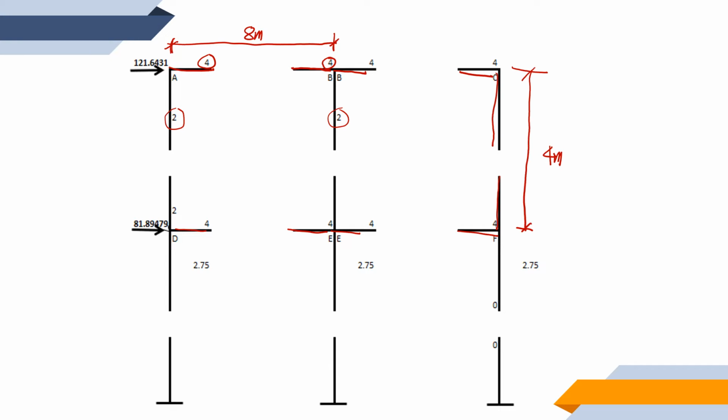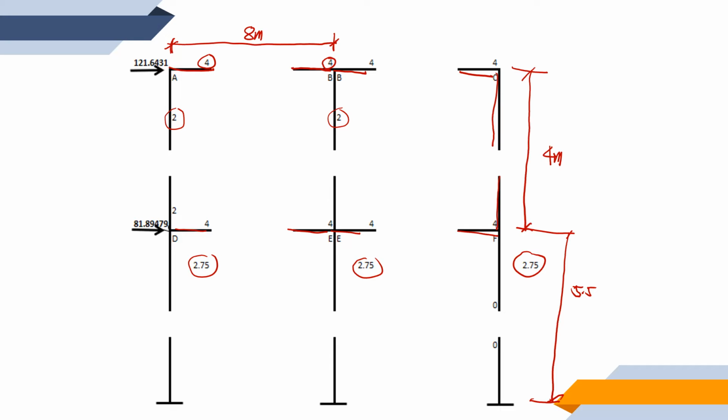And on the first floor, the initial height was 5.5, meaning half of that is going to be 2.75. So this is our working frame now.